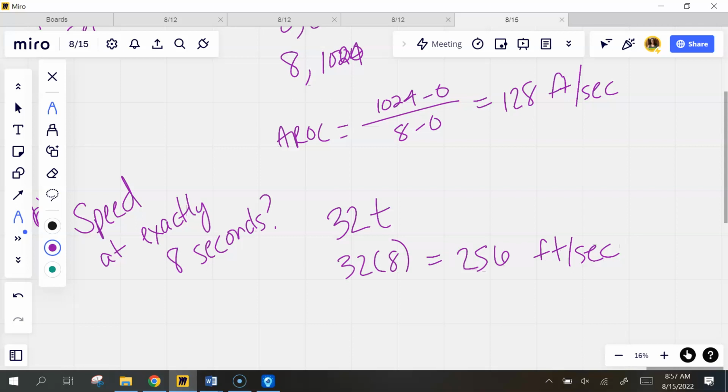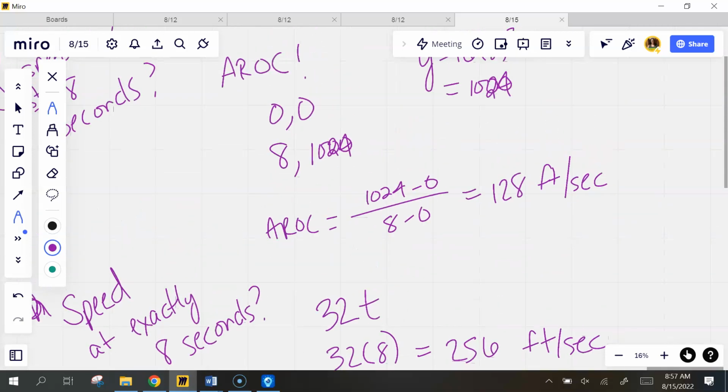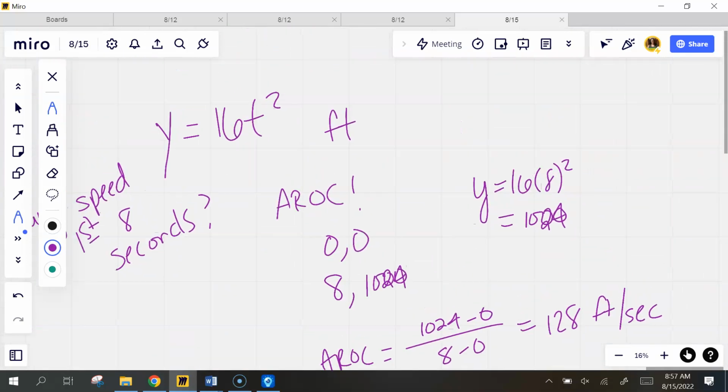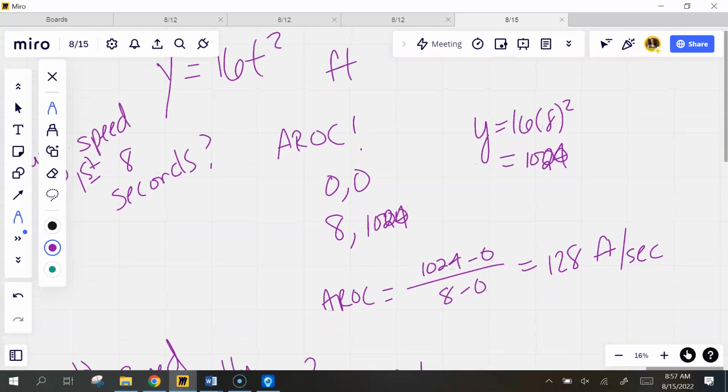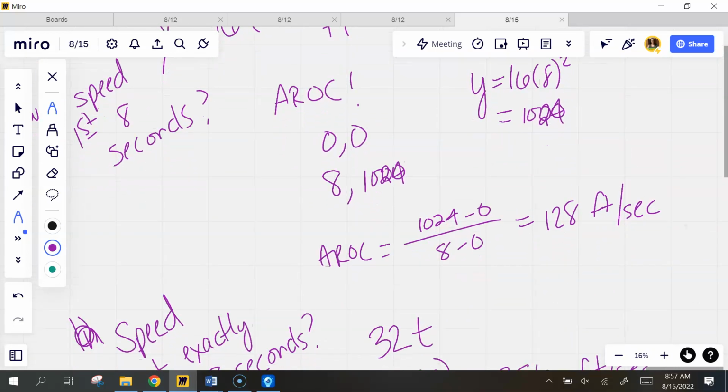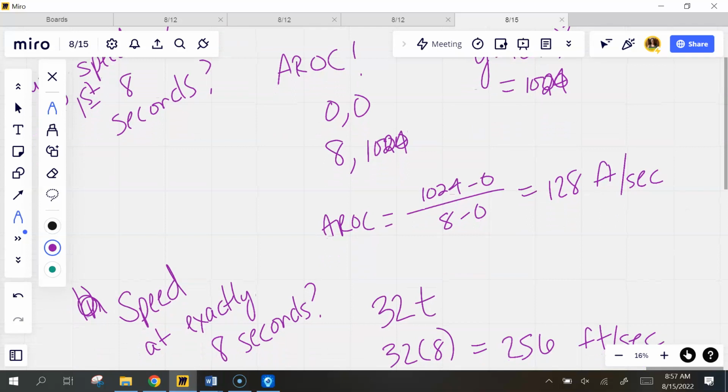Ask me one more. Right. No, because that's not giving you the speed. That's giving you the velocity. It's not giving to find the speed. We want to do the rate of change. Speed is always going to be your rate of change.